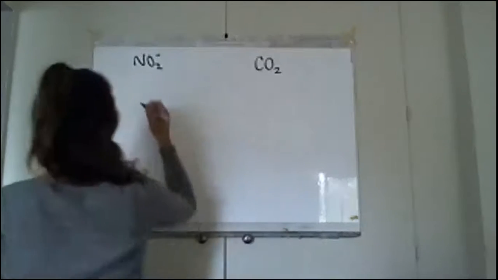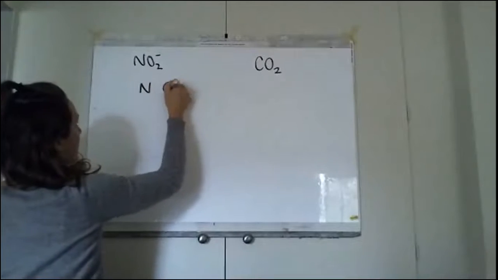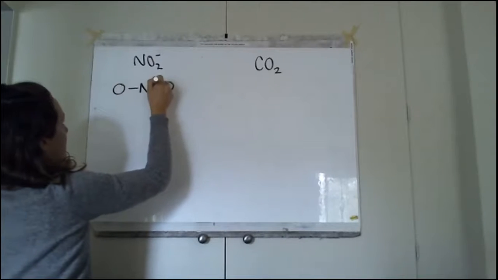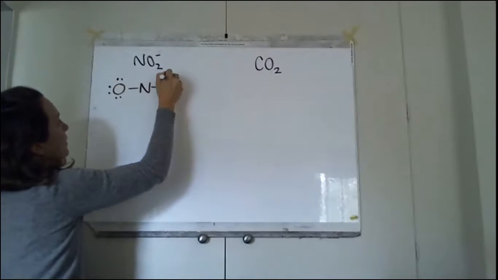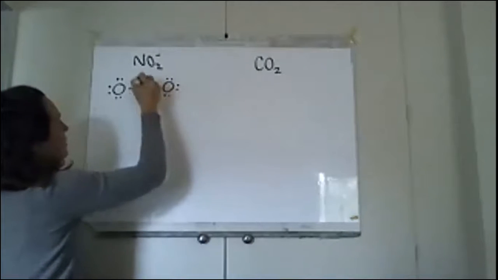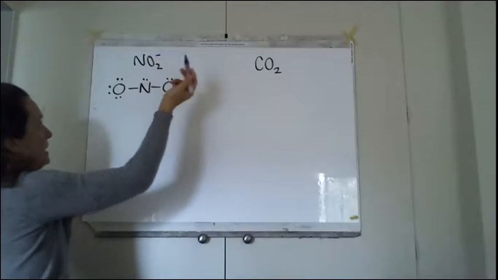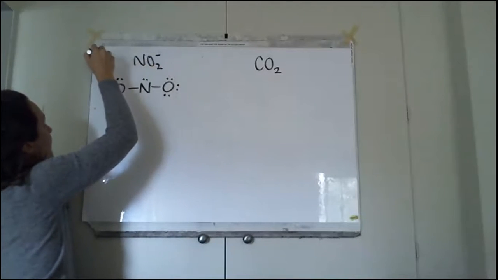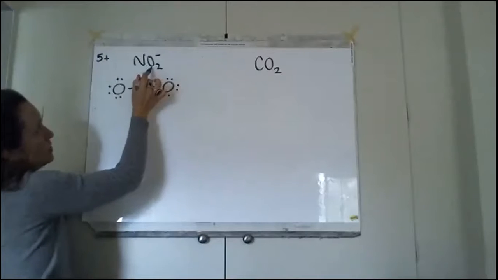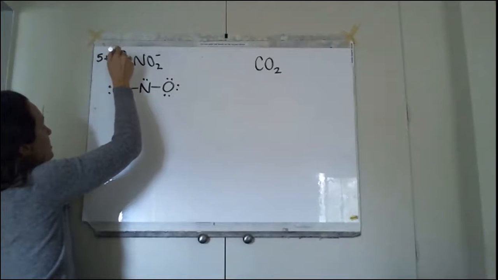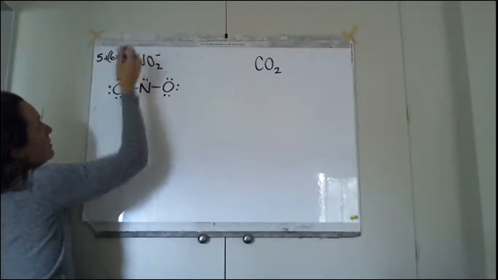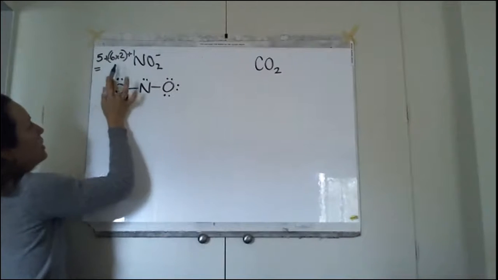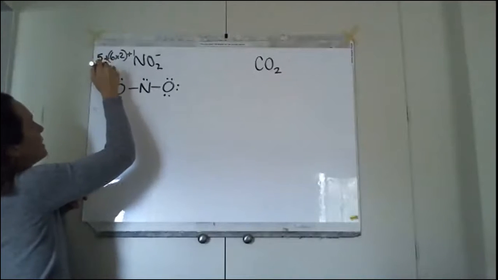Right, like here's nitrogen, oxygen, and when you fill in everything, the valence electrons here were 5 plus 2 times 6, plus 1 from the charge, which means that there were 12, 17, 18 valence electrons.